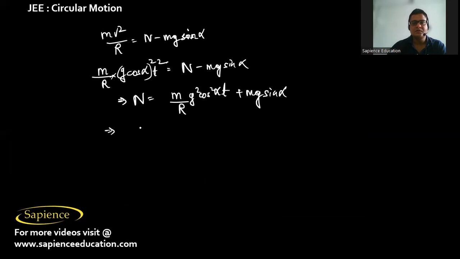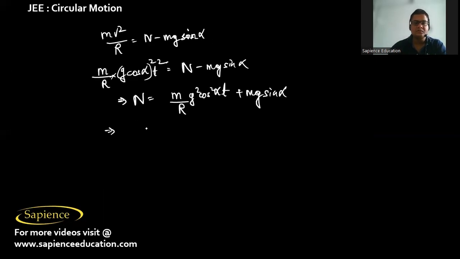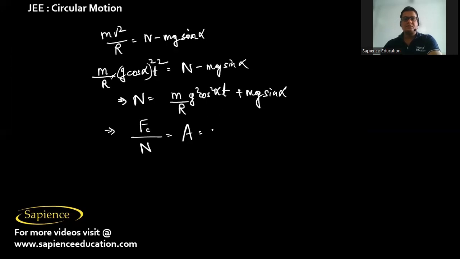Now we have to find the ratio of the centripetal force and the normal reaction. So Fc by n, that is equal to A, that is equal to 1 minus mg sine alpha divided by n.